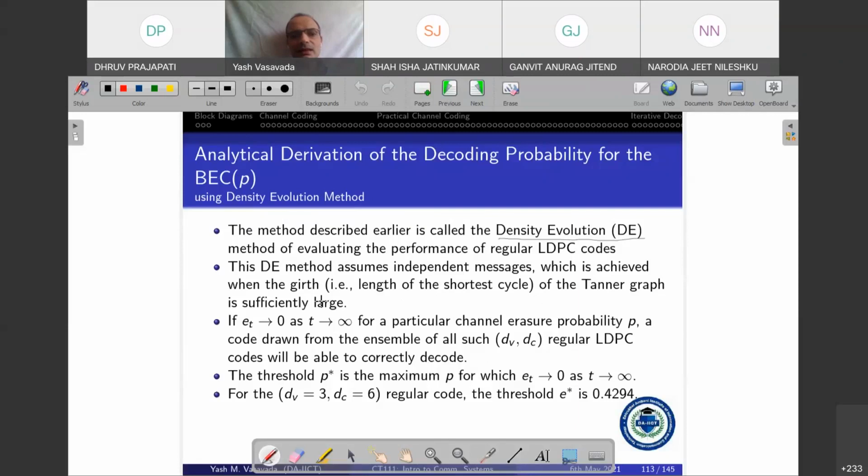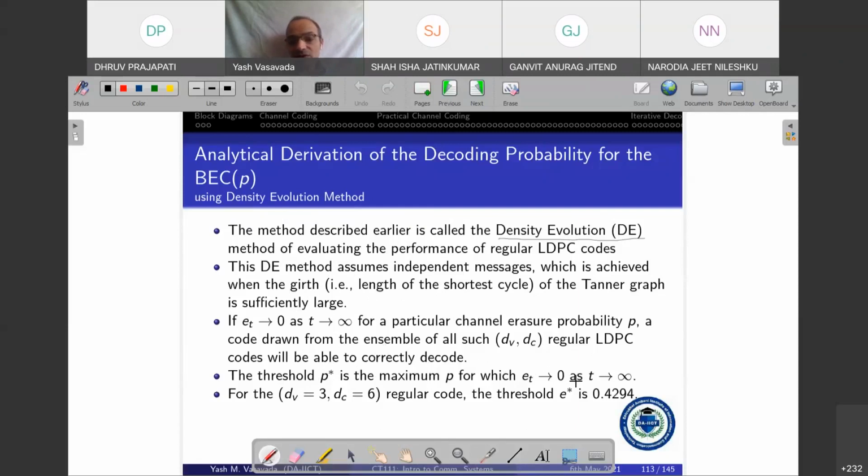So if the Tanner graph has cycles which are pretty large, then this analysis is going to be more and more accurate. And from this analysis, we can derive the threshold value of P star, for which the algorithm converges.